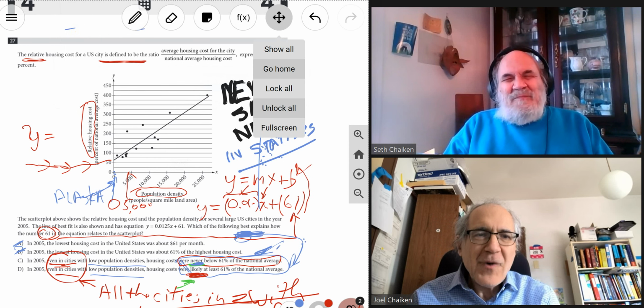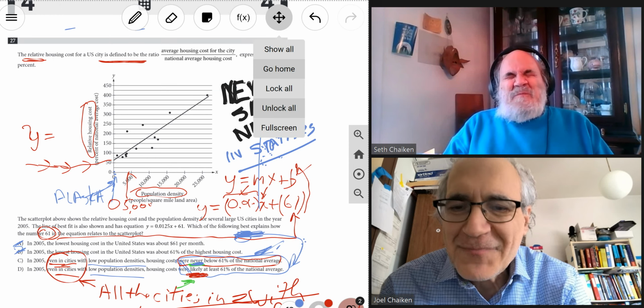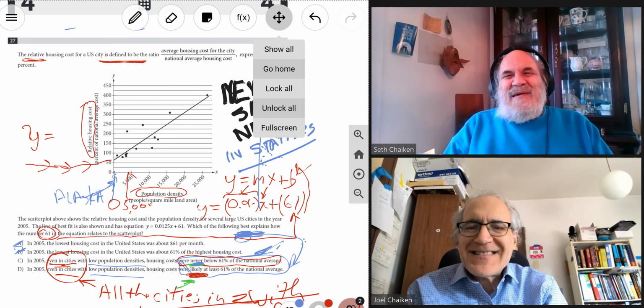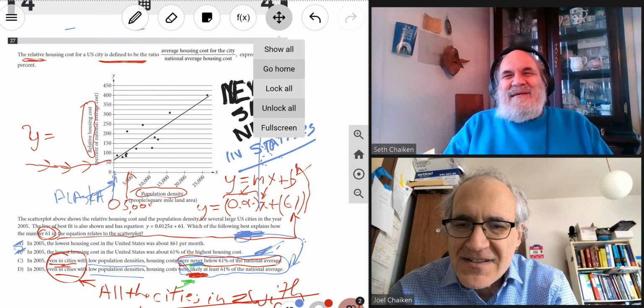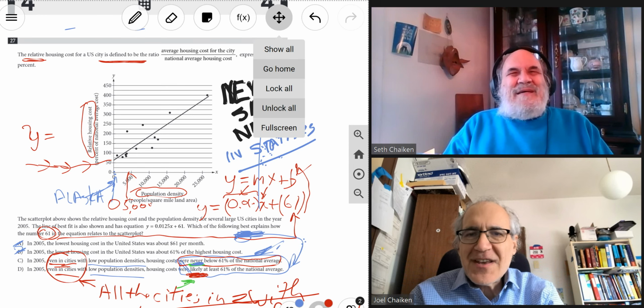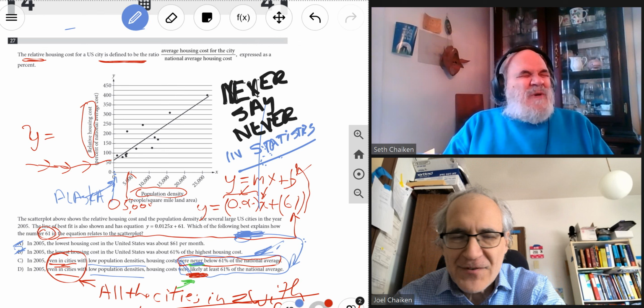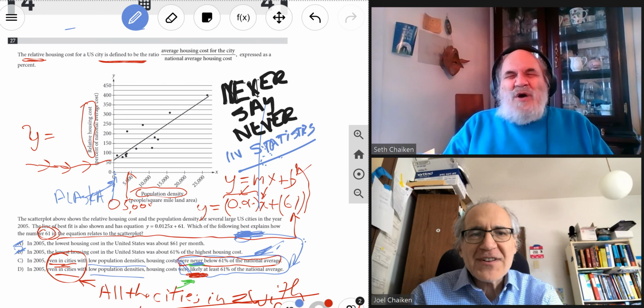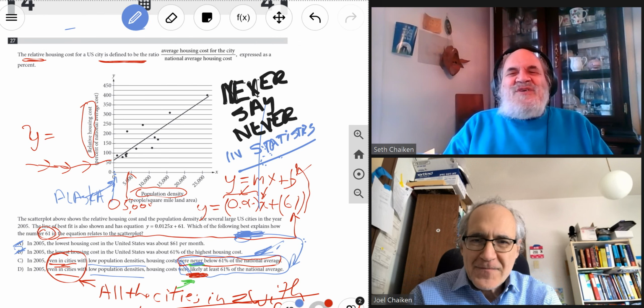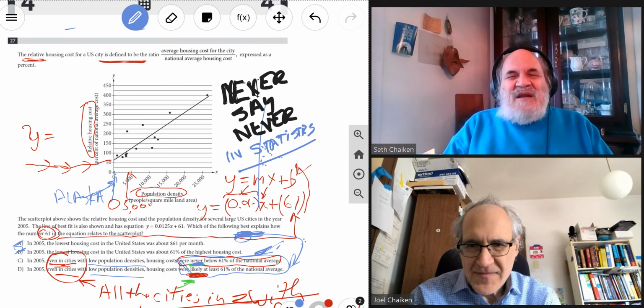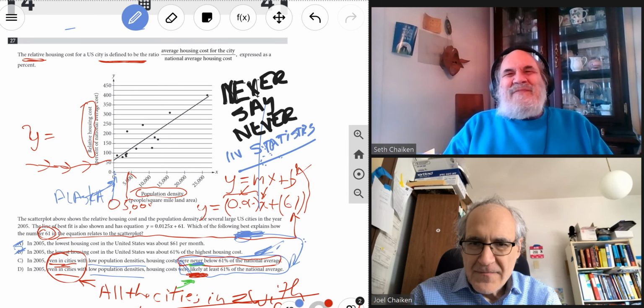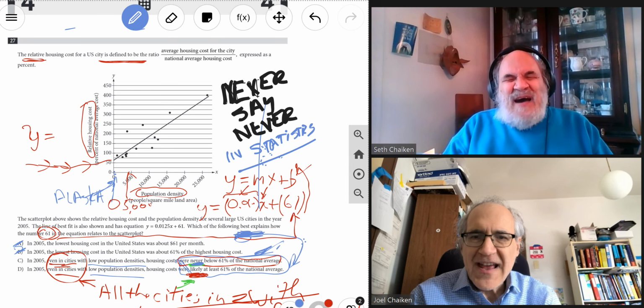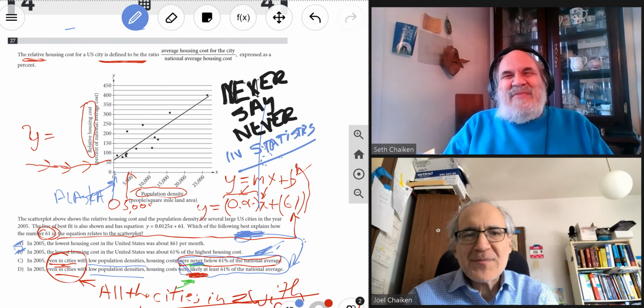The issue is that you can't infer the word never from the graph. You can only infer likelihood. You can infer the word never from the sample, but you cannot infer the word never from the population. That's the concept.